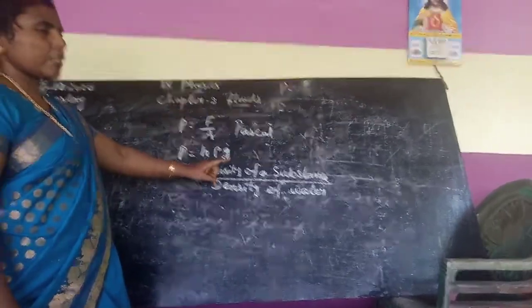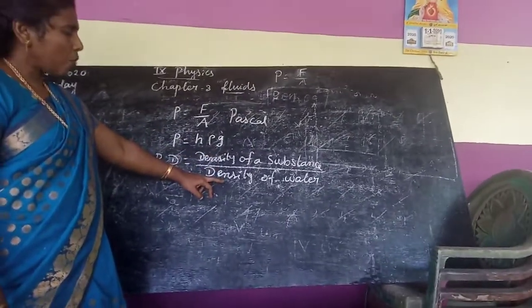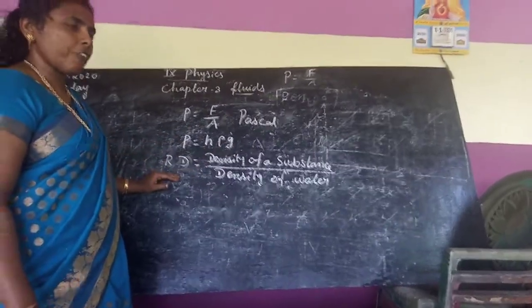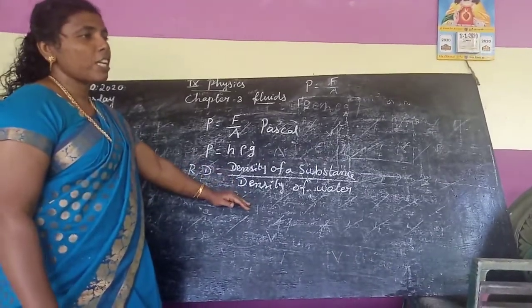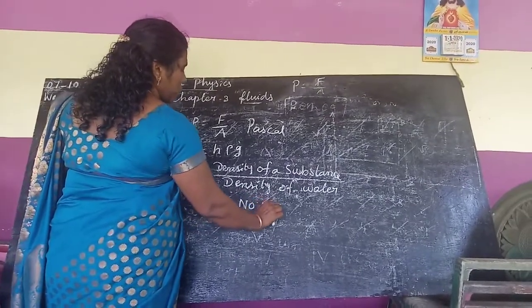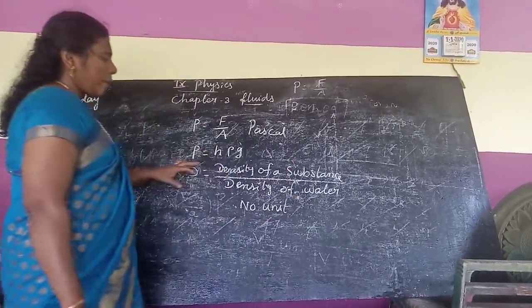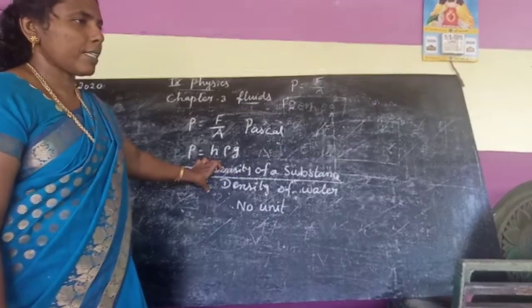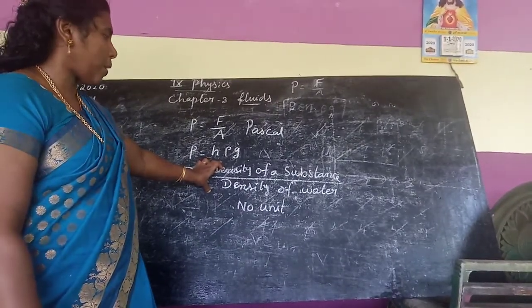Density of a substance divided by density of water. What is the unit of relative density? No unit. So by using this formula, last class we did the exercise problem.